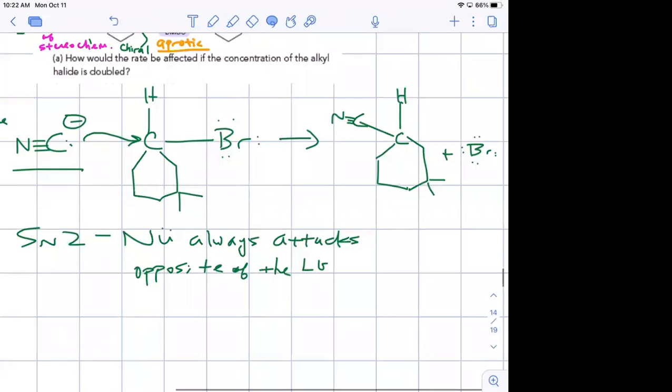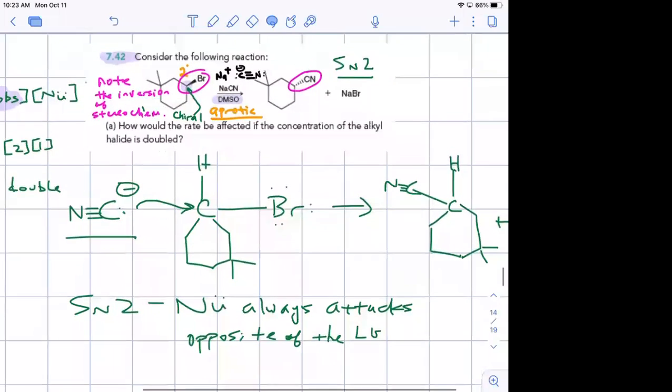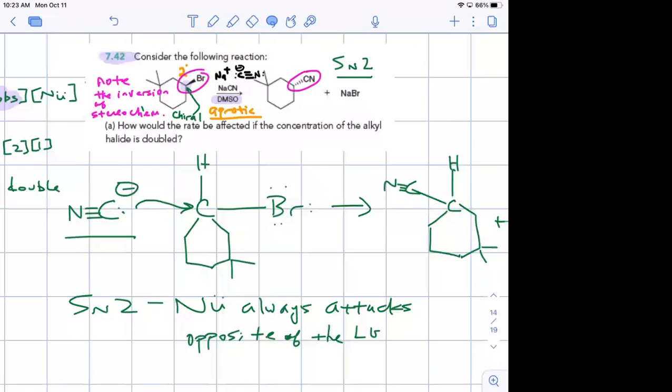Well, okay, so the inversion, the opposite side part is always true. The inversion part is not always the case because you don't always have a chiral center as your reactive site. So the inversion part is only important if the leaving group is attached to a chiral center, like we have here. Is that what you're asking?